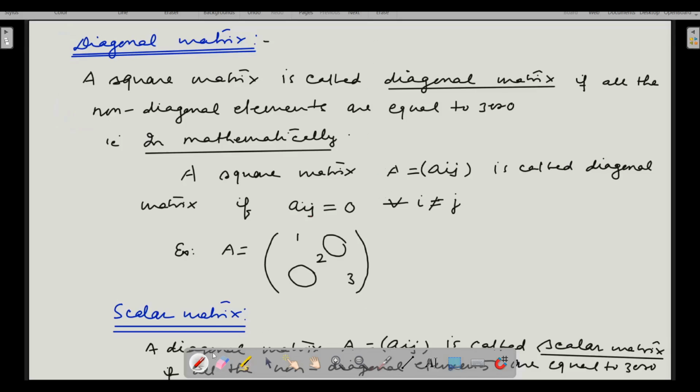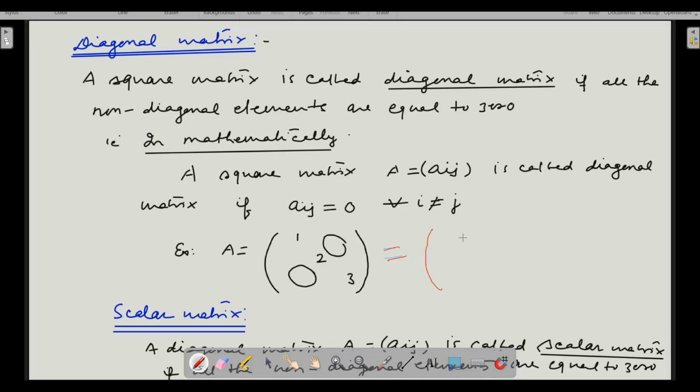Let us understand. But first of all, before understanding what is a diagonal matrix, have a look at this particular matrix. Now these big size zeros, what do they mean? Let me take red color so that it is visible properly.